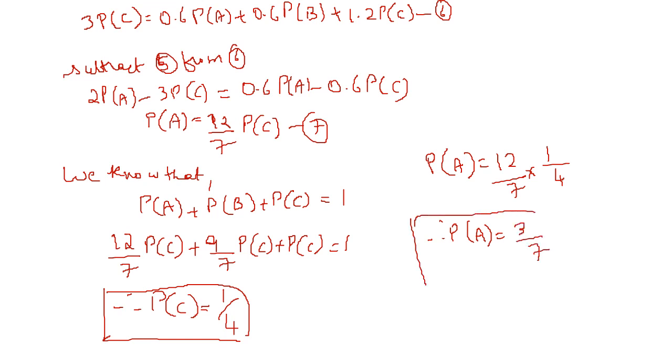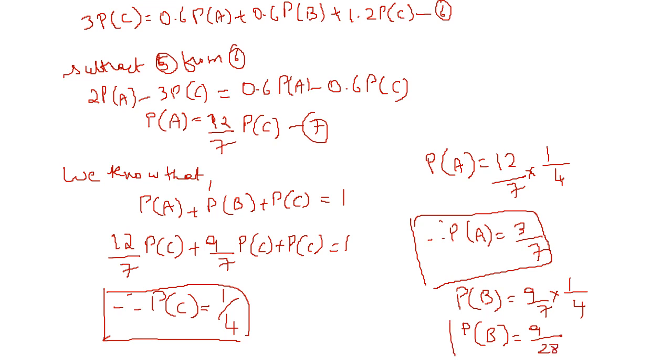Then we know that P of B is equal to 9 by 7 times P of C, and P of C is 1 by 4. Substituting, we get P of B is equal to 9 by 28. So we have got all the state probabilities for the given Markov model. That is, P of A is 3 by 7, P of B is 9 by 28, and P of C is 1 by 4.